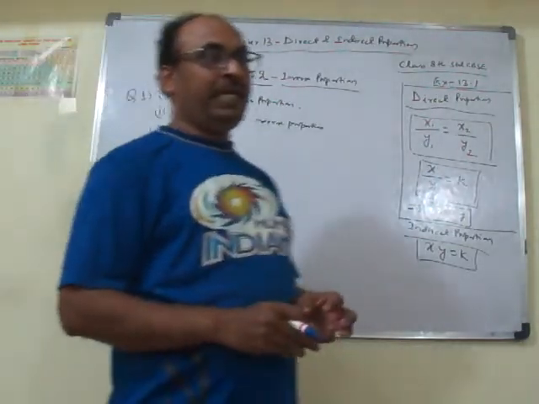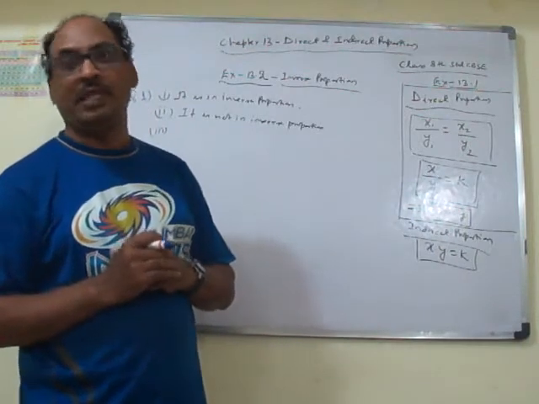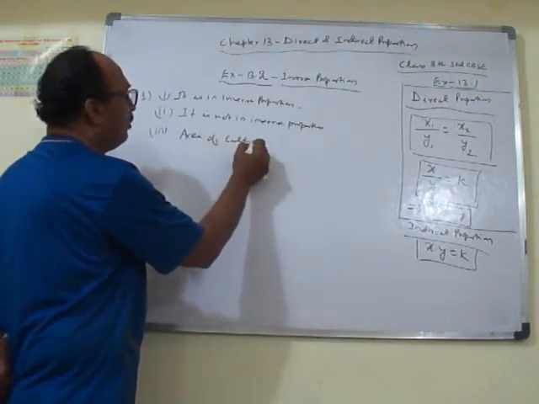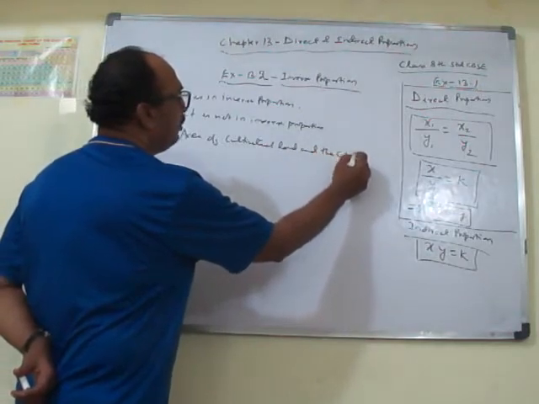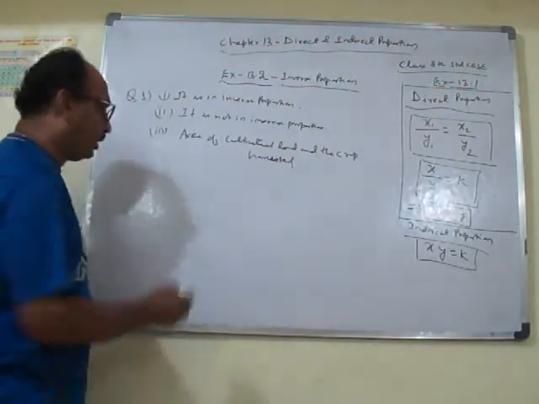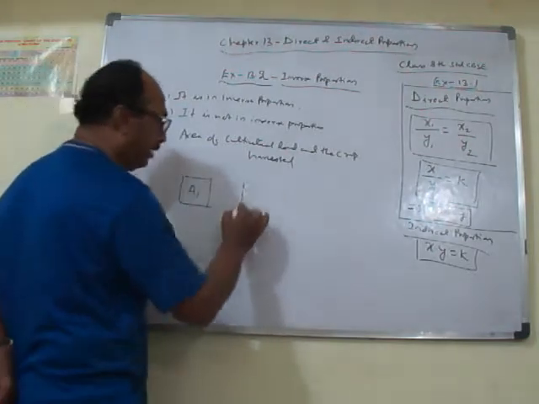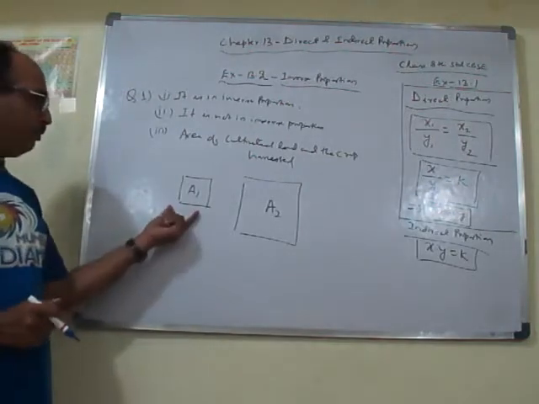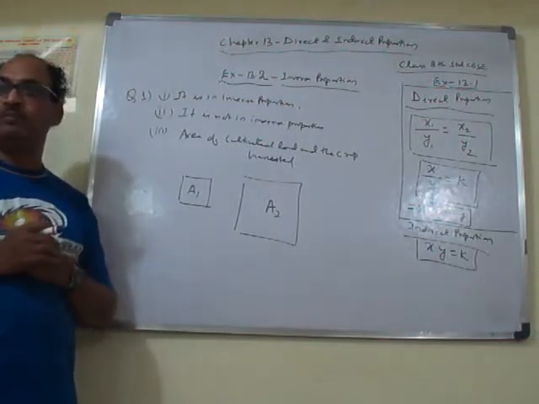Third, area of cultivated land and the crop harvested. Suppose you have two areas, A1 and a bigger area A2. You have already planted crops. A1 is smaller, A2 is bigger.